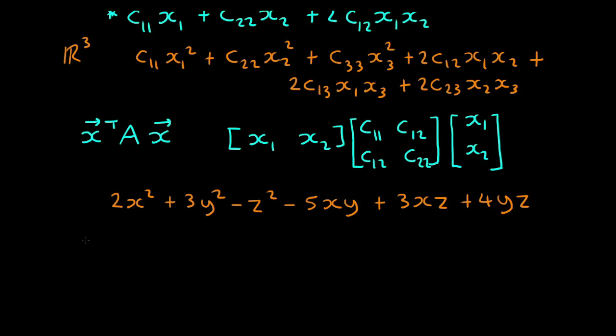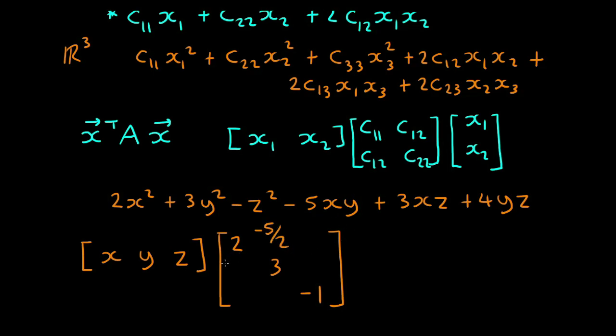So we take x transpose, having components x, y, z, and our matrix A will be a 3 by 3 in this case. So on the diagonal, we put the coefficients of the squared terms, so 2, 3, and minus 1. And off the diagonal, we put half the coefficients of the cross terms. So in row 1, column 2, we have minus 5 on 2.